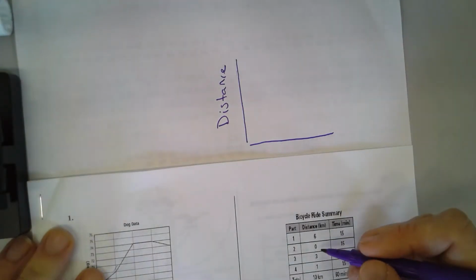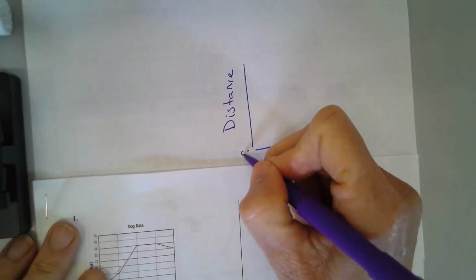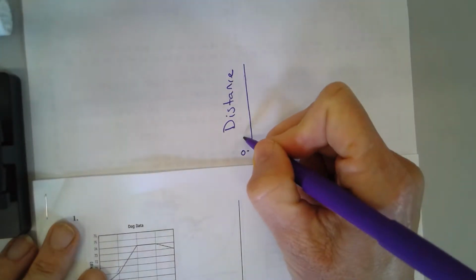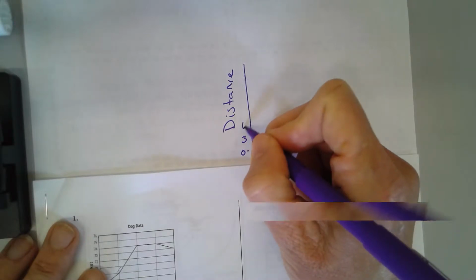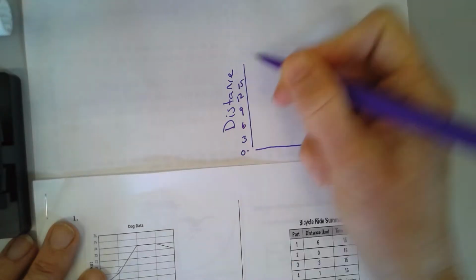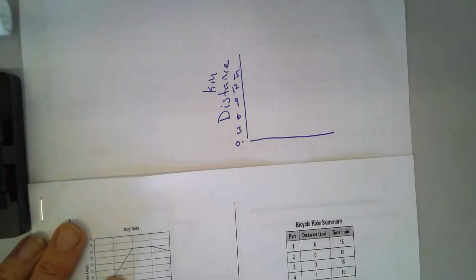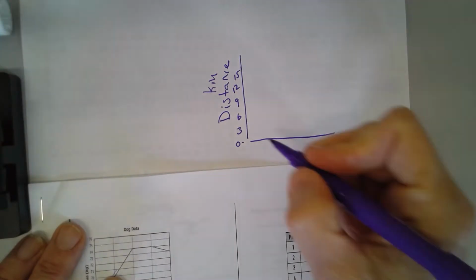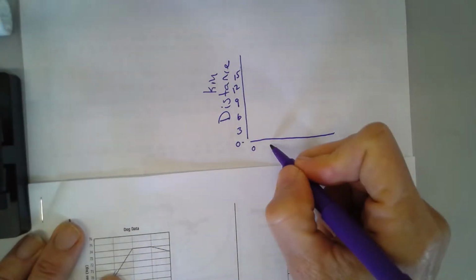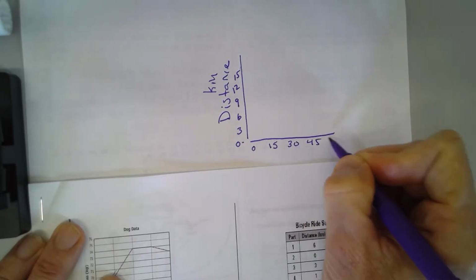It goes from 0 to 6, but it's over time. So I'm going to go 0, 3, 6, 9, 12, 15, in kilometers. And my time is at 15-minute increments: 0, 15, 30, 45, and 60.